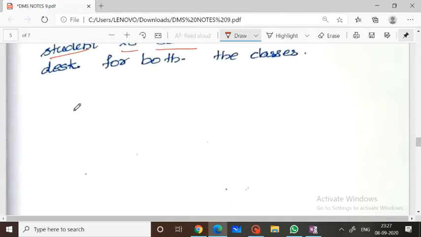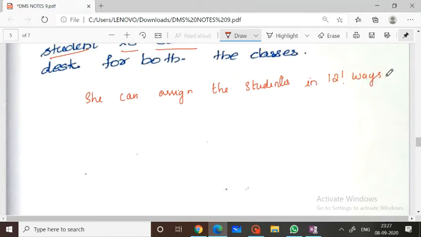So here first we can write like this. She can assign the students in 12 factorial ways. They are distinct cases, so therefore 12 factorial ways.